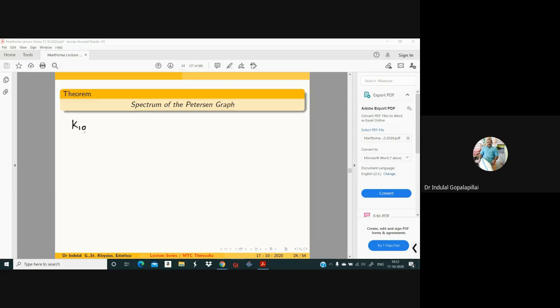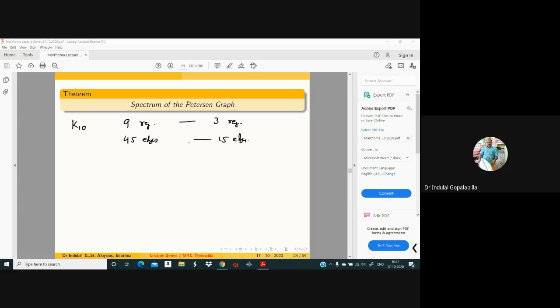The complete graph on 10 vertices is a regular graph, and it has 45 edges, since the sum of degrees is 90, so half of it gives 45 edges. On the other hand, the Petersen graph is 3-regular, and it has 15 edges.